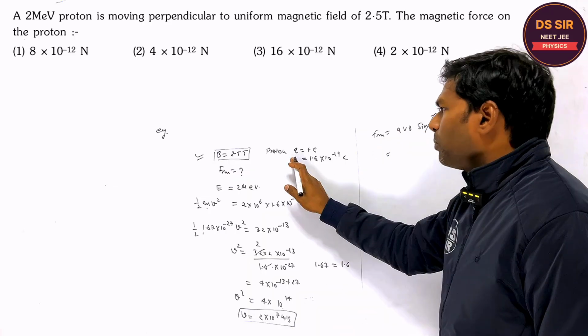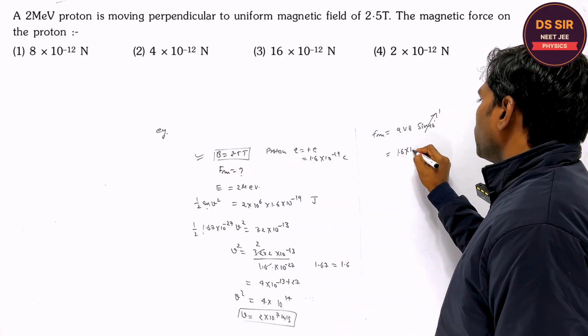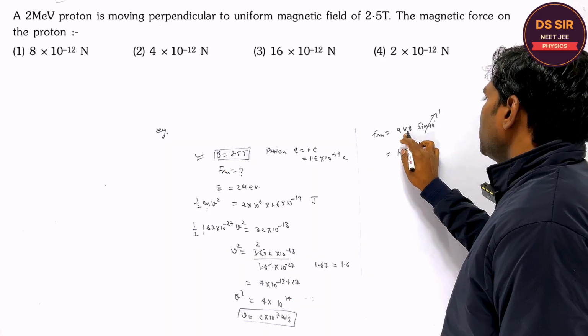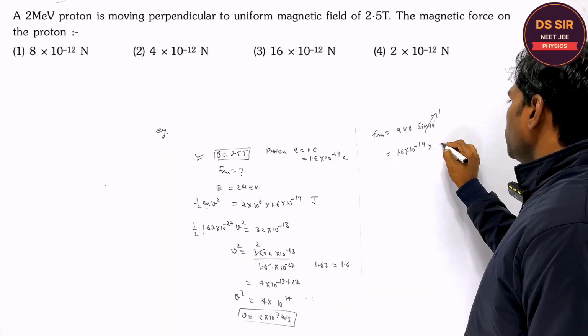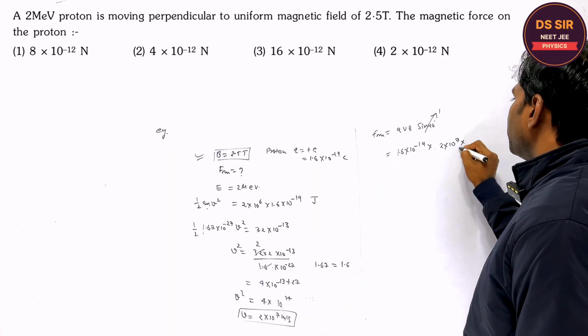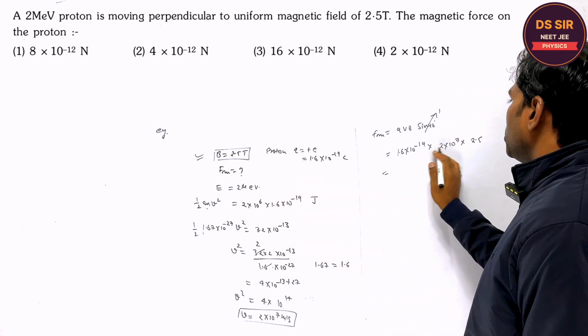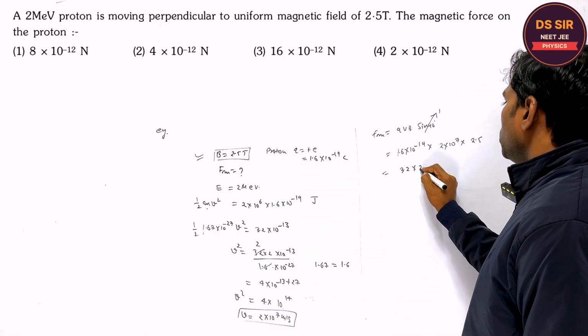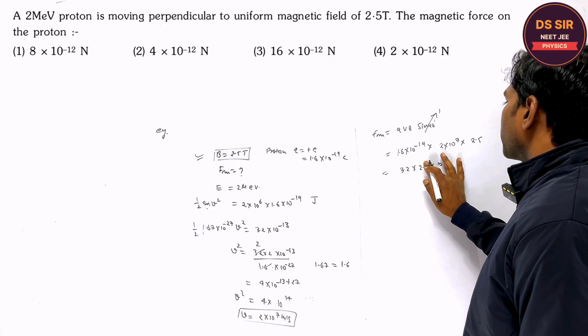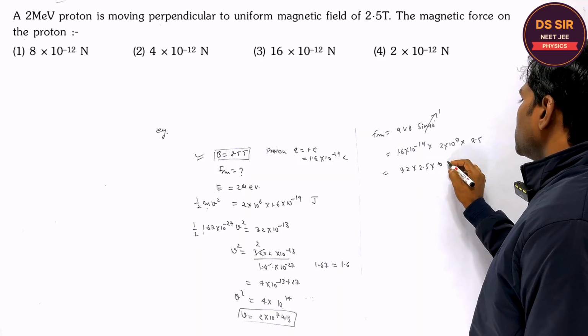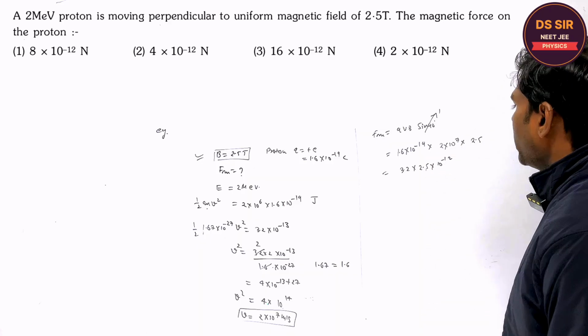The charge of the proton is 1.6 into 10 to the power minus 19. The speed is 2 into 10 to the power 7. And the magnetic field is 2.5 Tesla, right? So this is 3.2 into 2.5 into 10 to the power minus 12.